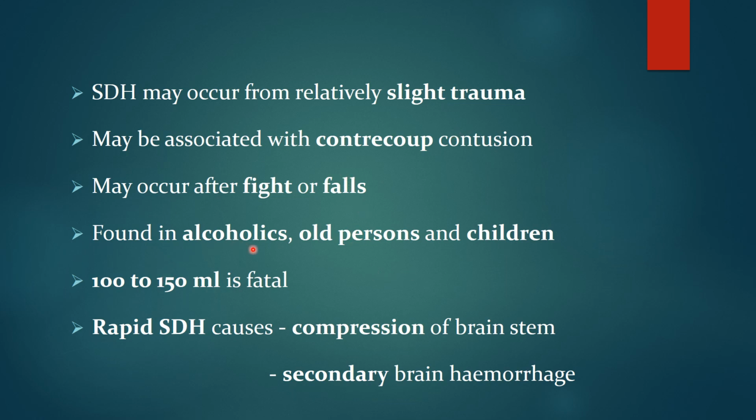It is seen in alcoholics. Why? Because alcoholics often lose their balance and fall a number of times, and with each fall there is a minute amount of subdural hemorrhage, and with time they gradually coalesce and become a bigger hematoma when it becomes clinically apparent.